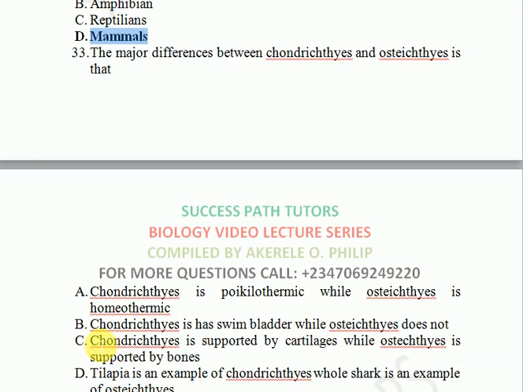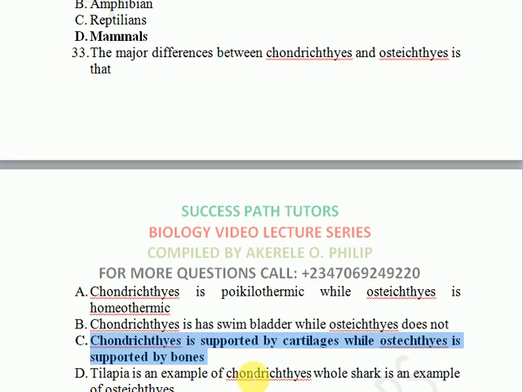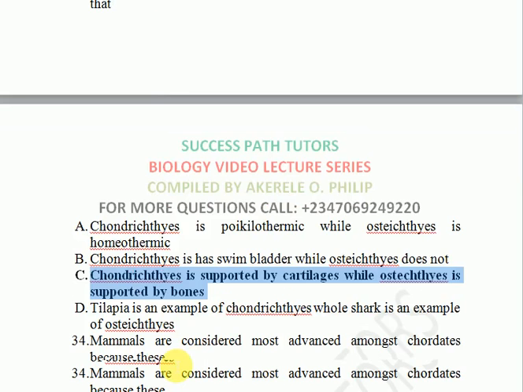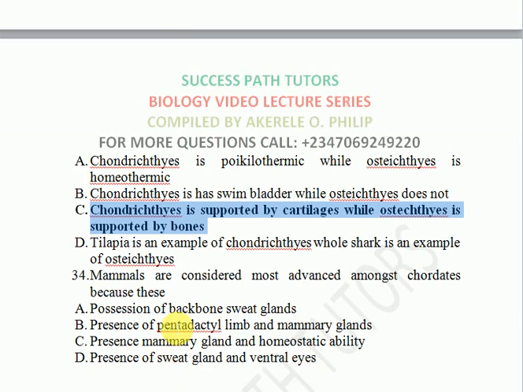The answer to that is C. Chondrichthyes are supported by cartilages, while osteichthyes are supported by bones. Alright, every other option here is either wrong or not just correct.